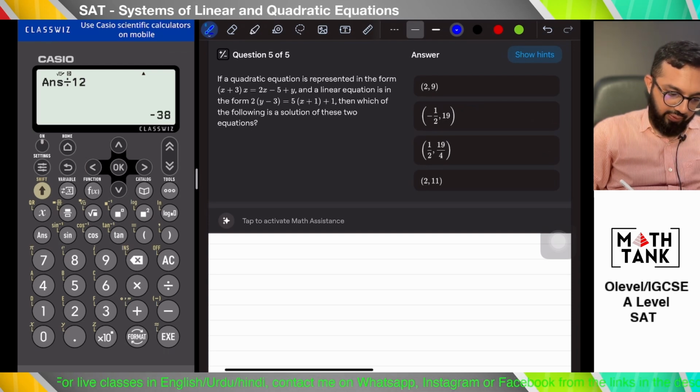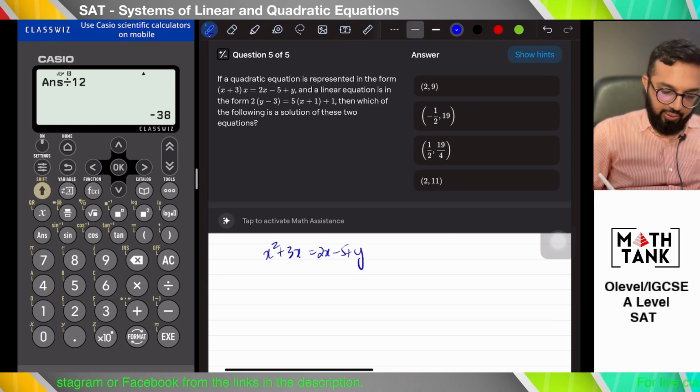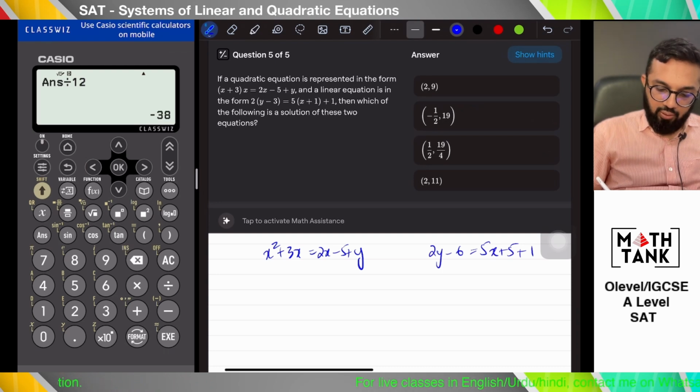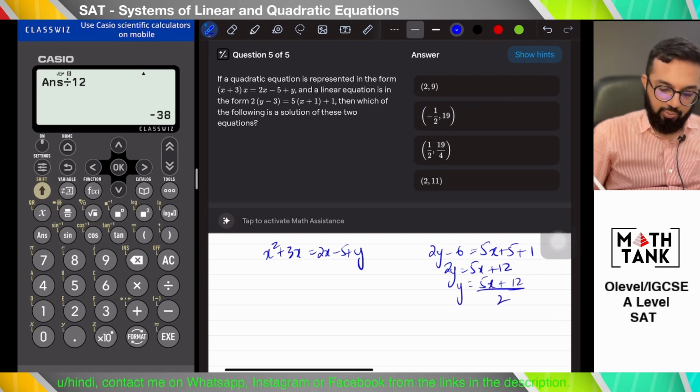Okay, then which of the following is the solution to these equations? So I'll have to solve that x squared plus 3x equals 2x minus 5 plus y. Let's bring out a substitution for y from the other one. Okay, so 2y equals 5x plus 12 and y equals 5x plus 12 divided by 2.